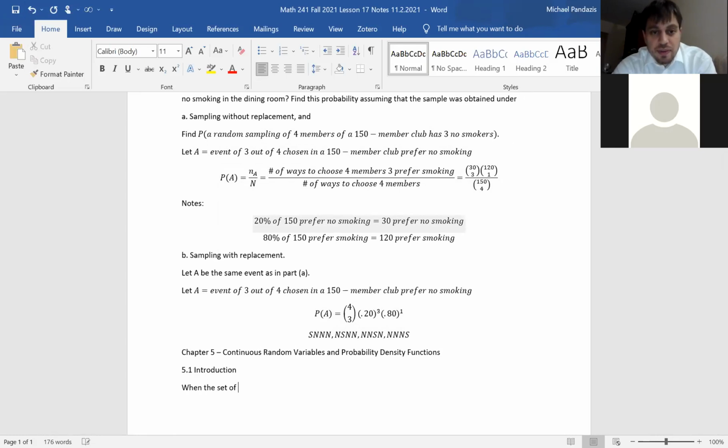When the set of possible values of a random phenomenon is of a continuous extent of the real numbers, the value of the random phenomenon is a continuous random variable.